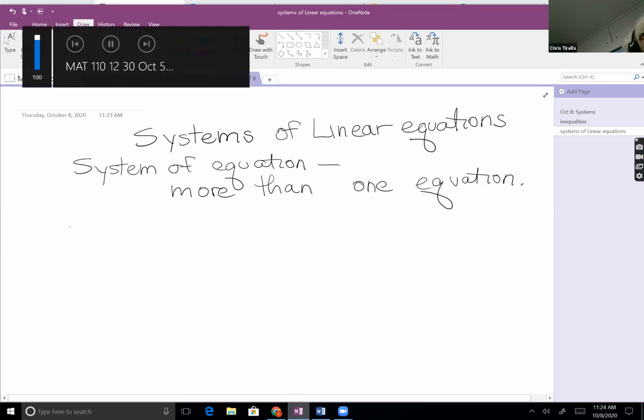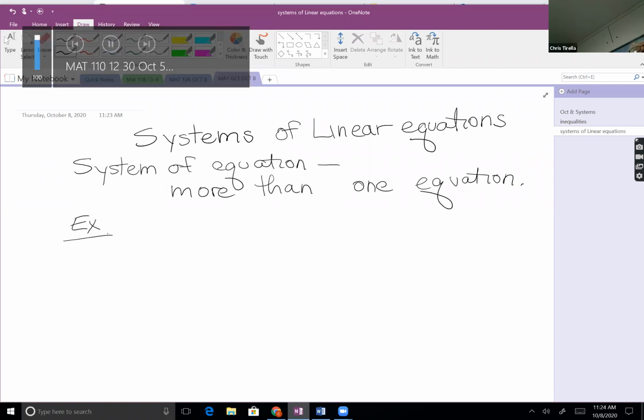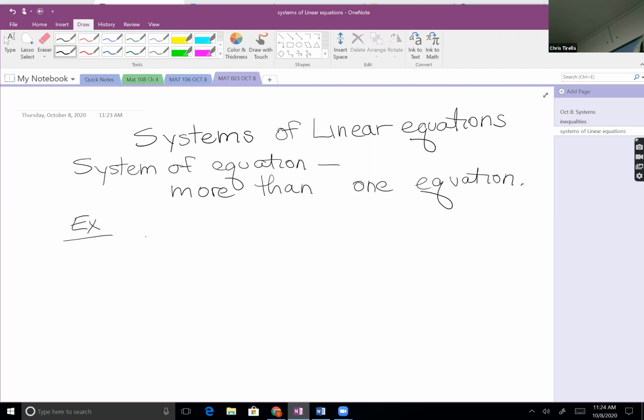And so an example of a system of equations might be something like 2x plus 3y equals 5, and x plus y equals 1.